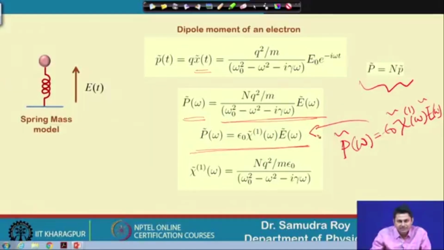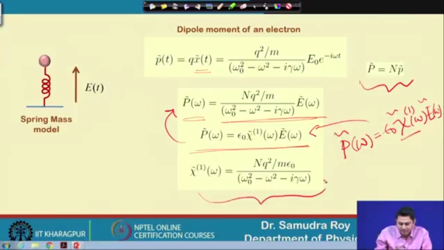Once we have the relationship between P and E, I can compare the two to find the expression of chi, the first order susceptibility, and it turns out to be n multiplied by q square divided by m epsilon 0, and then the whole divided by omega 0 square minus omega square minus i gamma omega.